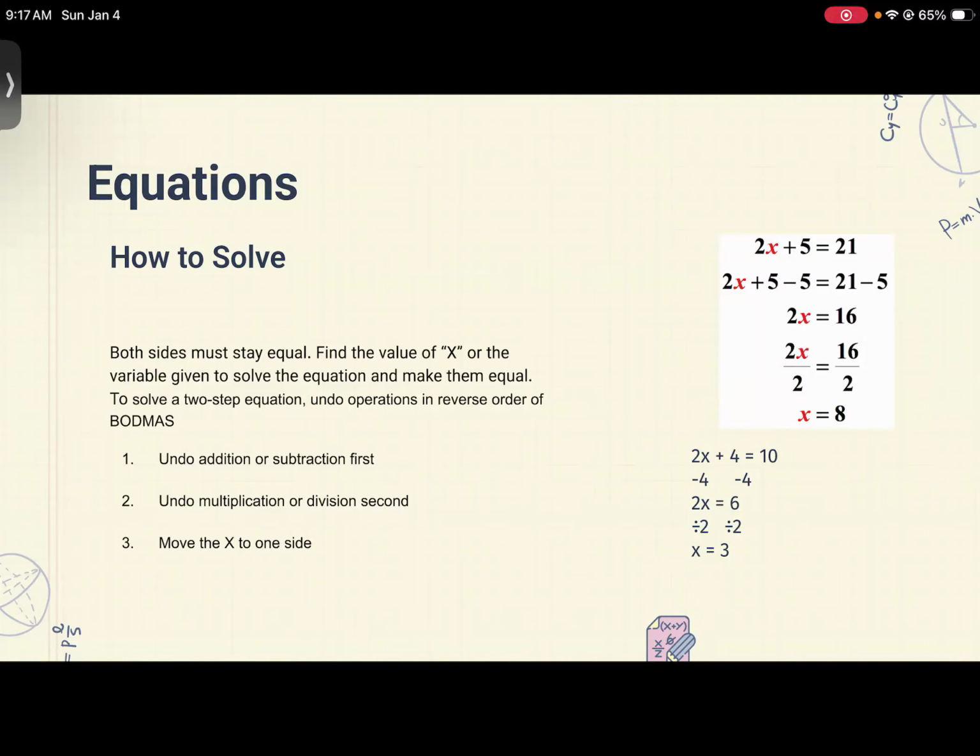So in this 2x plus 5 equals 21, we can see that to undo addition, as we are adding 5, is to actually use subtraction. So it would become 2x equals 21 minus 5, or 2x equals 16. So that is what I mean by undo multiplication or division. 2 times x equals 16 is 2x divided by 2 equals 16 divided by 2. Does that make sense?